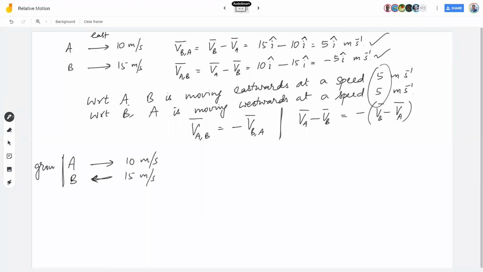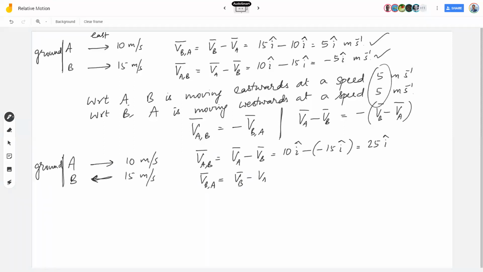Velocity of A with respect to B is velocity of A bar minus velocity of B bar, which is 10 I cap minus of minus 15 I cap, which is equal to 25 I cap. Similarly, velocity of B with respect to A is velocity of B bar minus velocity of A bar, which is minus 15 I cap minus 10 I cap, which is equal to minus 25 I cap.